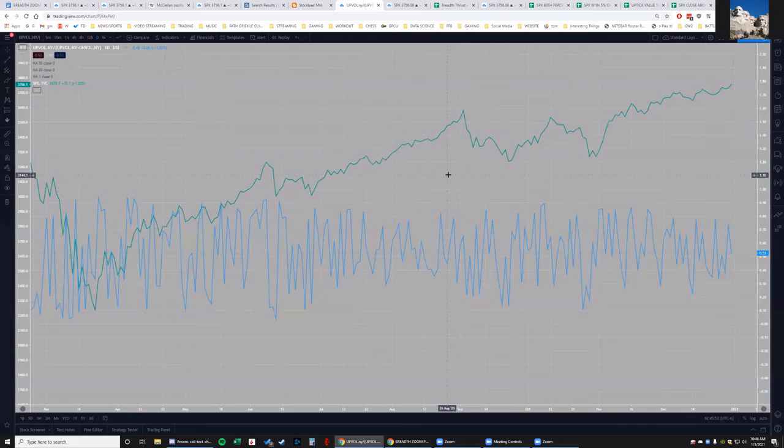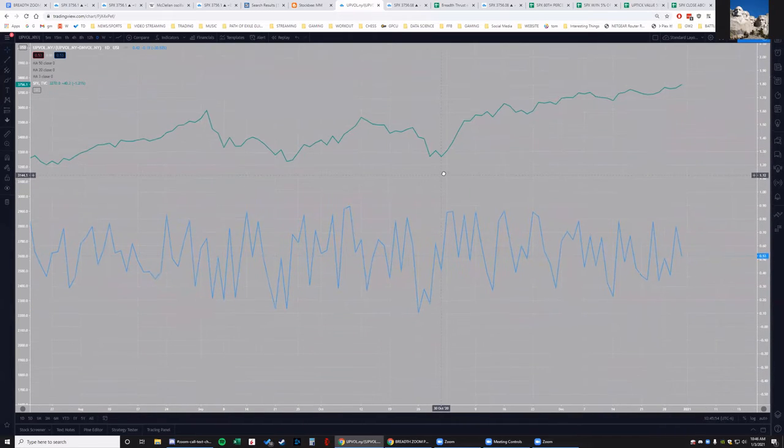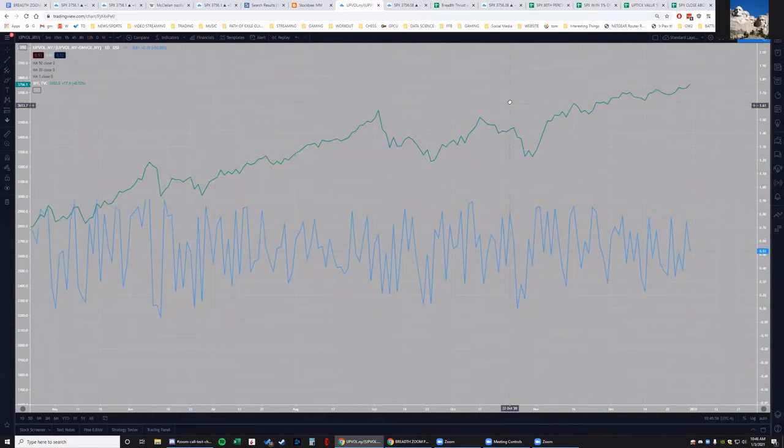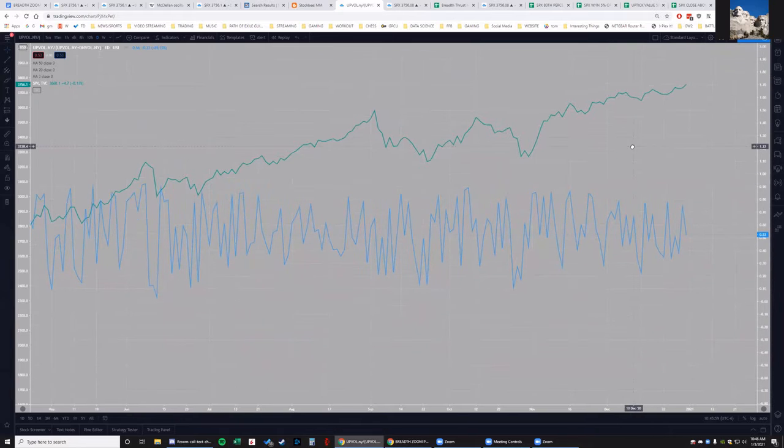Now, getting into what I actually use, this is the NYSE advancing volume ratio. What this does is you take the volume in up issues and divide that by the total volume, so the up volume plus the down volume.